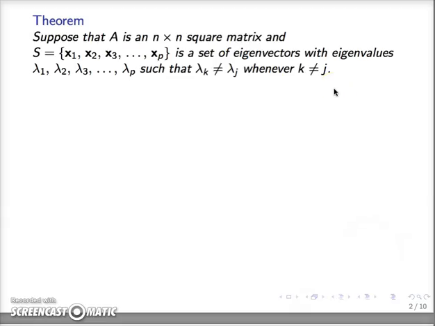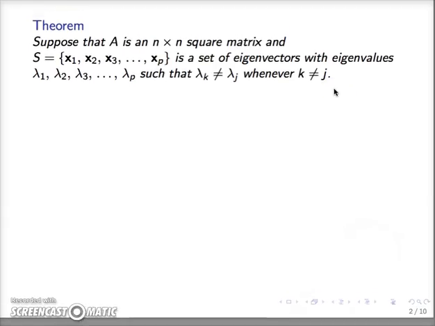So now we want to say more about this important topic of linear algebra. We consider a set of eigenvectors corresponding to some eigenvalues. And the important thing here is that these eigenvalues are not identical. That's exactly what we mean with this notation, that lambda k is not equal to lambda j whenever k is not j.